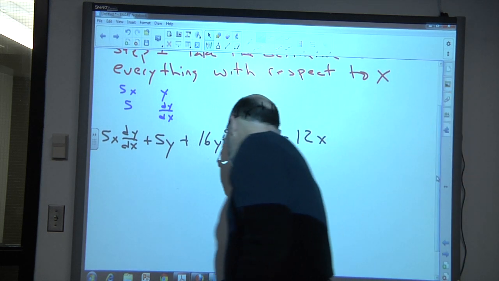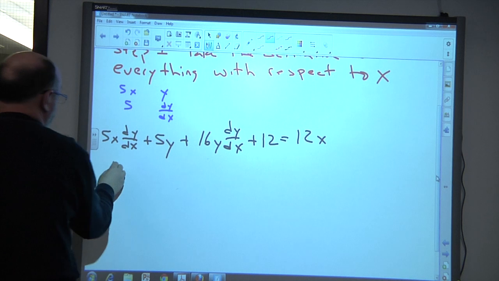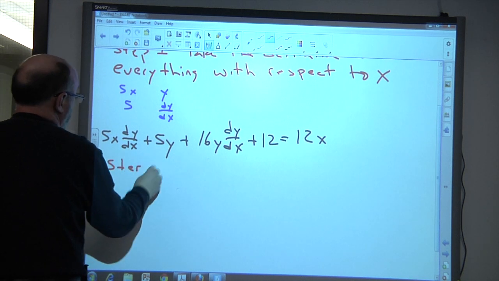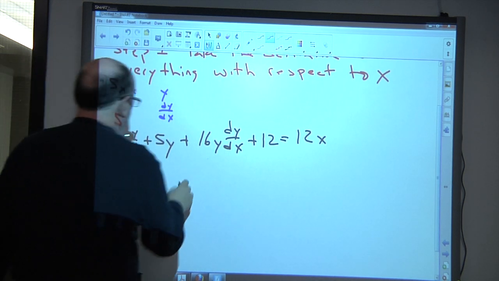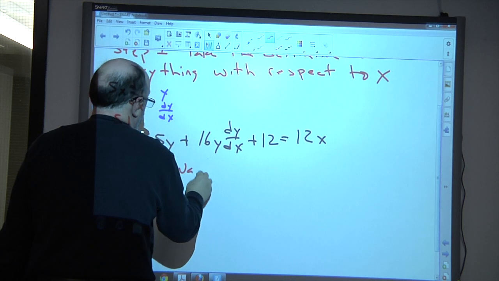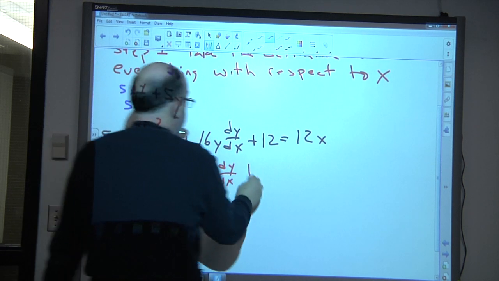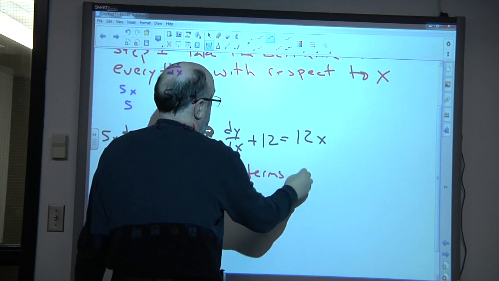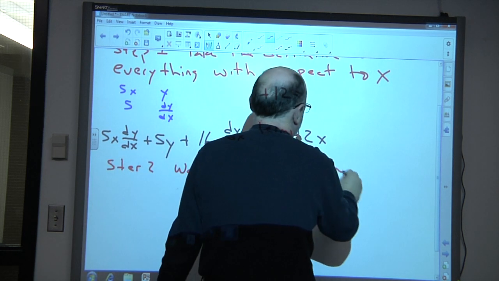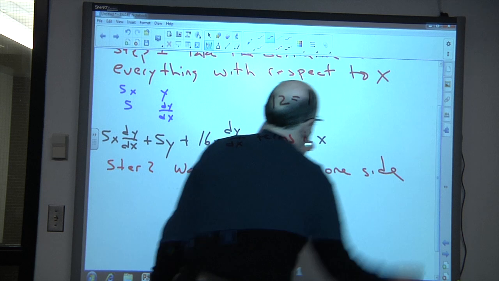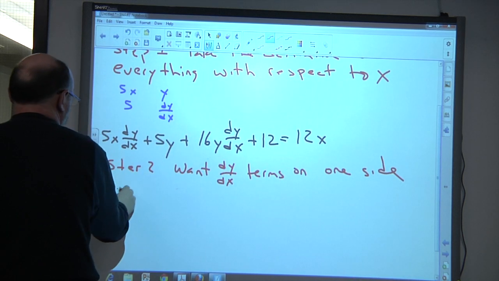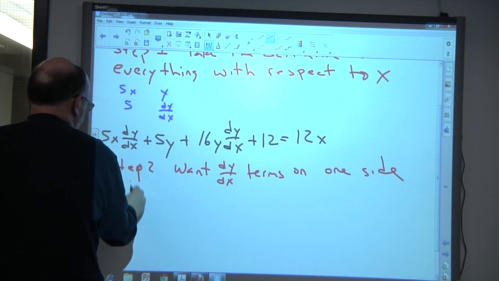Step two. We want dy dx terms on one side and everything else on the other side.